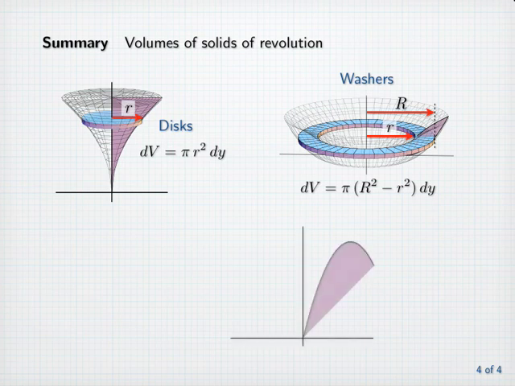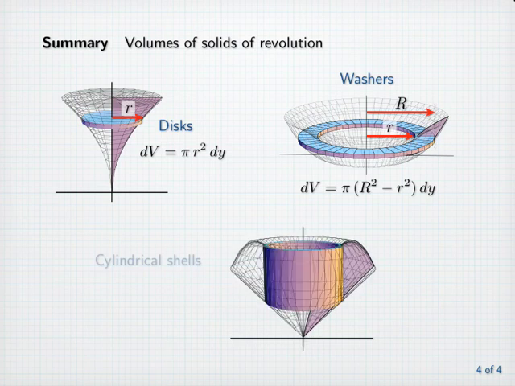Now suppose we're going to look at a slice of our region that's parallel to the axis of rotation. When we revolve that slice about our axis, we generate a cylindrical shell, which we use to help us write down the volume differential dV. The shell has a radius, r, as well as a height, h.